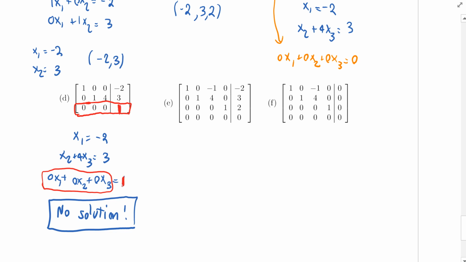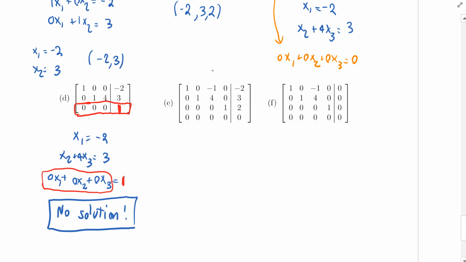So you have something that looks like 0 equal to 1. Whenever your leading one goes in the last column, this is going to be the only case when your system has no solution. Okay, so let me now move on.